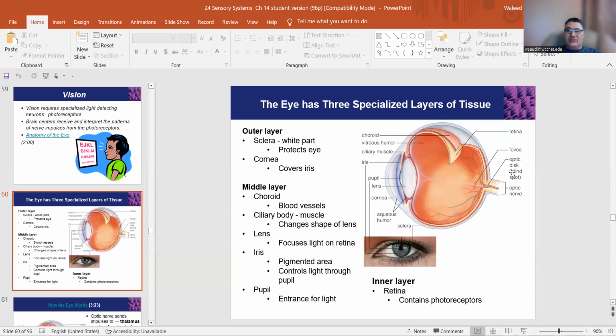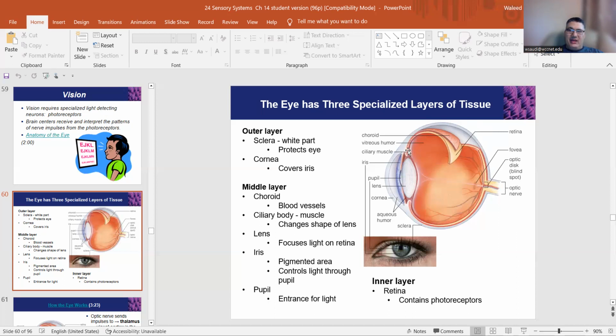The second layer is called the middle layer or the vascular layer, and it consists of several parts. Look at this right here. It's kind of orange, reddish orange. This is right under the white, so this is called the choroid. And here it is all the way until here.